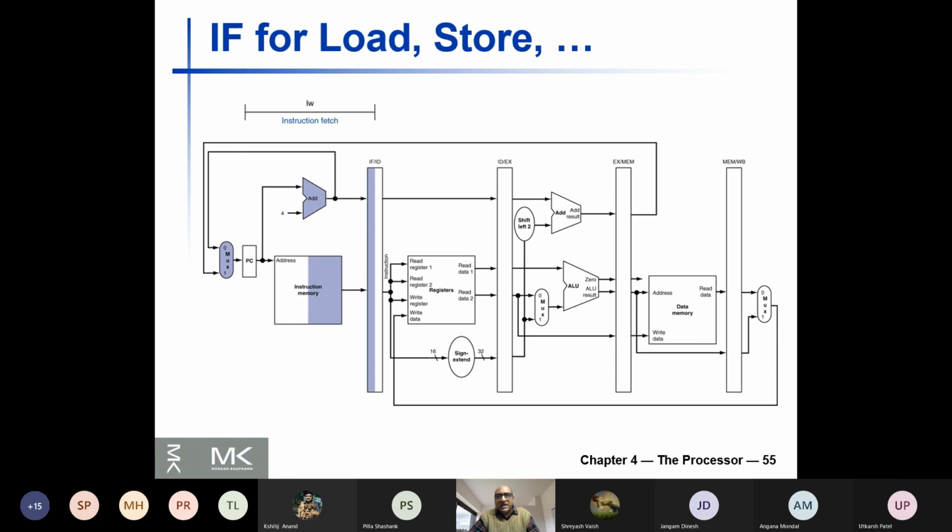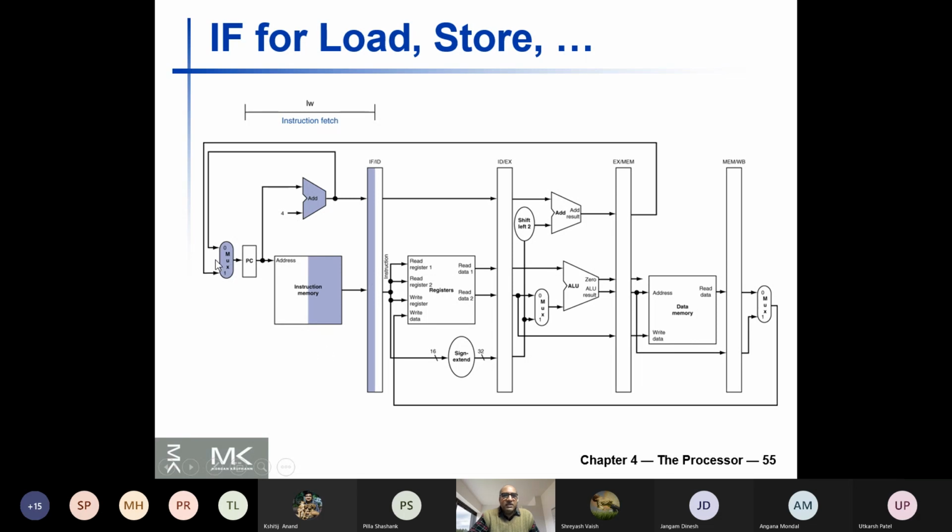Now, these path diagrams I'm showing here are stage by stage: in different clock cycles, for different instructions, what activity is taking place, or which part of the data path is used in a particular cycle. For example, assuming you are starting with a load word or a store word instruction, the first stage will be the instruction fetch stage. So in this total data path, this is the stage that is activated.